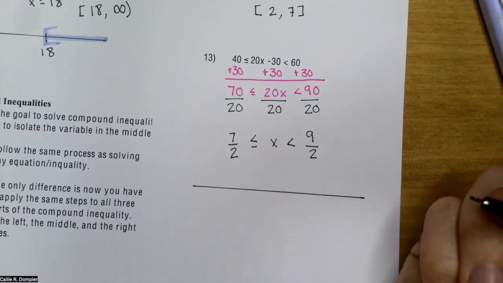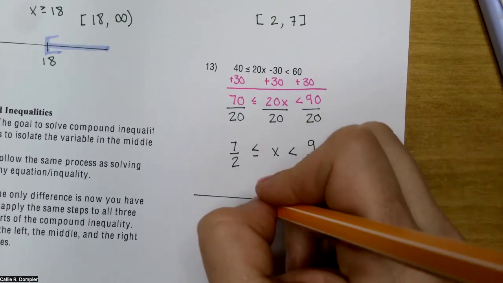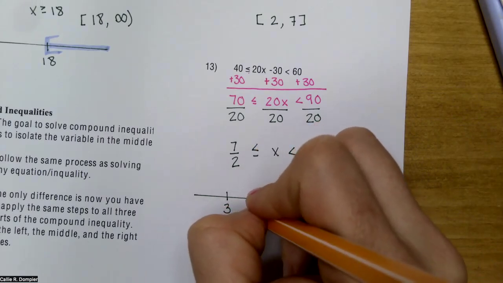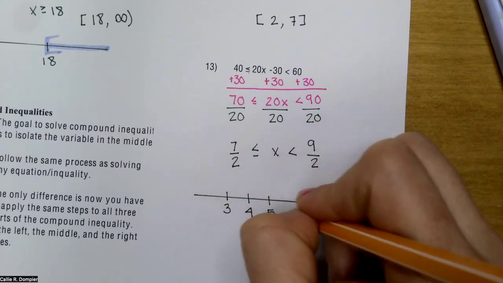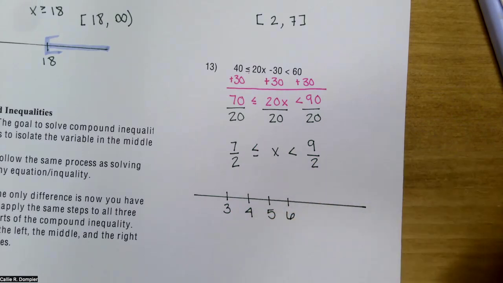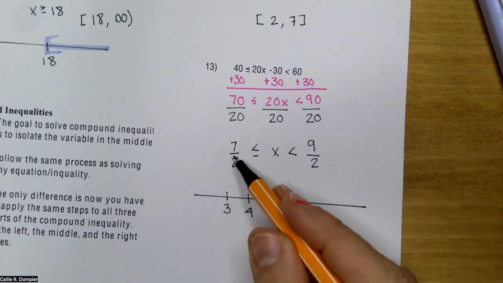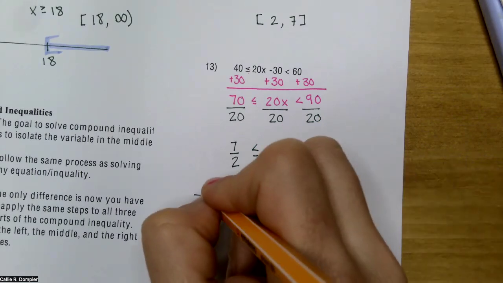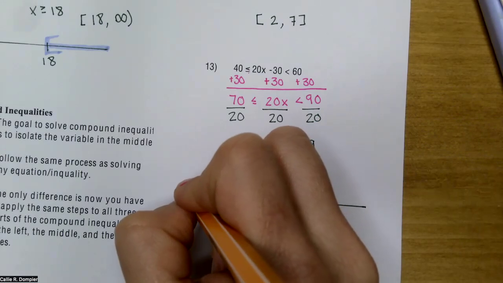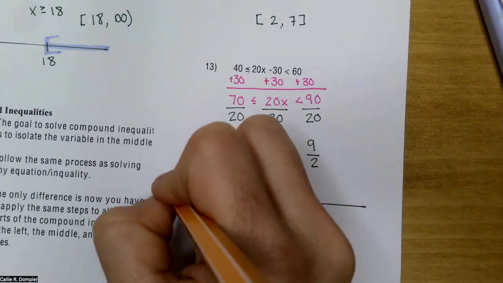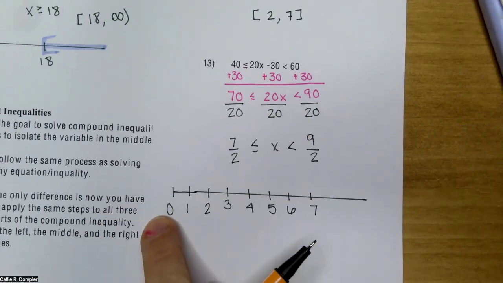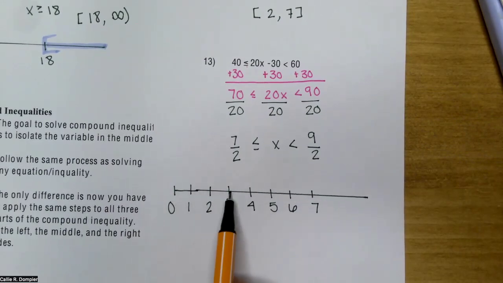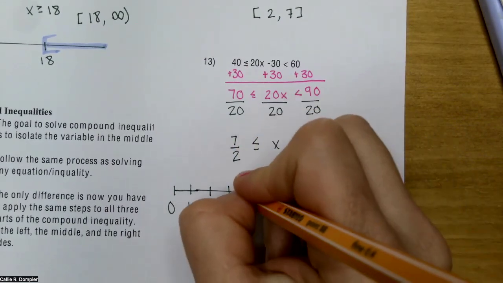And what is 7 halves? Well, 6 halves would be 3, right? So it's between 3 and 4. So if this is 0, 1 half, 2 halves, 3 halves, 4 halves, 5 halves, 6 halves, 7 halves starts right here.